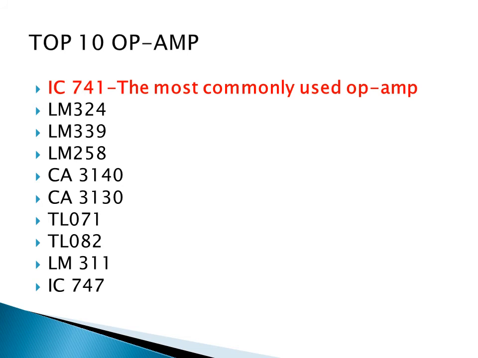The most commonly used op-amp is IC 741. That is the subject of your linear integrated circuits syllabus. And then we have many more ICs, LM324, 339, 3140. IC 747 is also one of the most commonly used ICs. That is what we are going to see in your syllabus also.